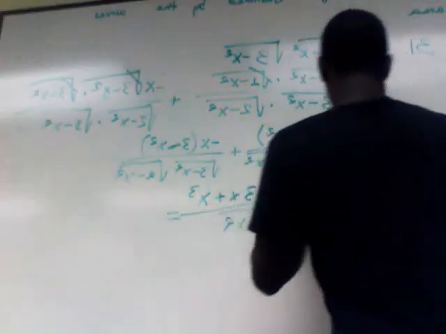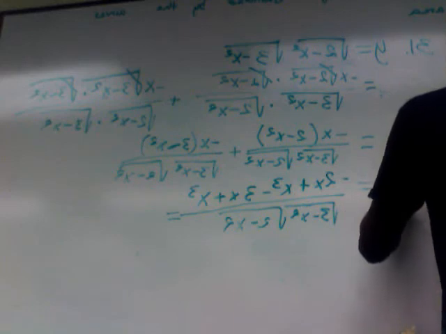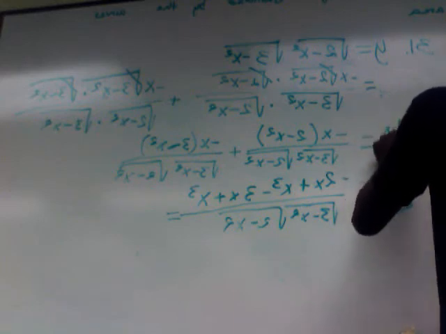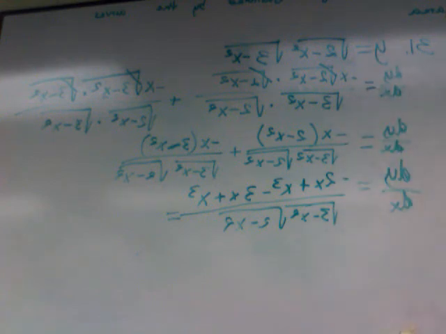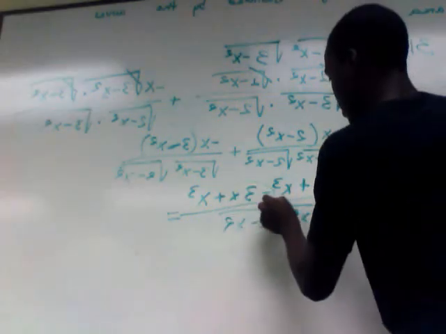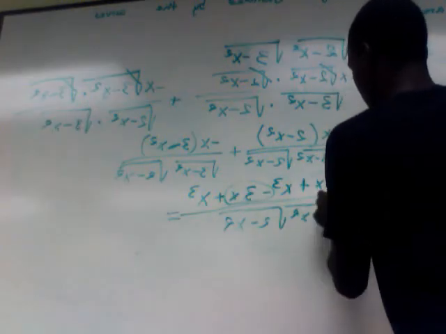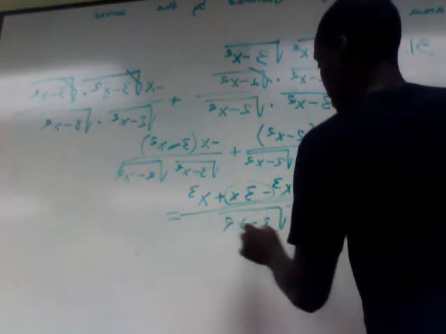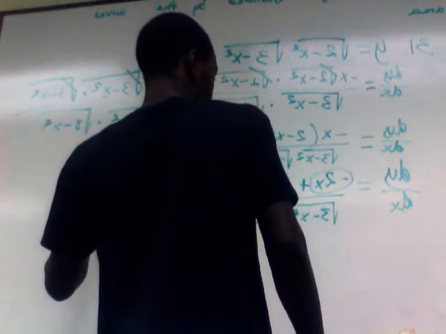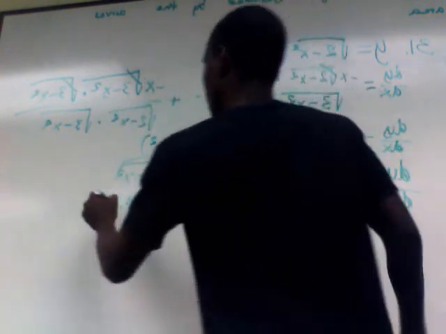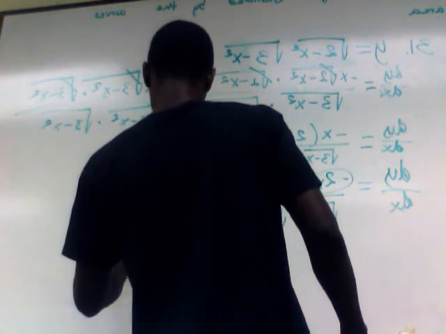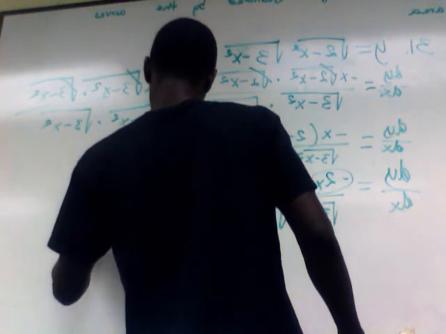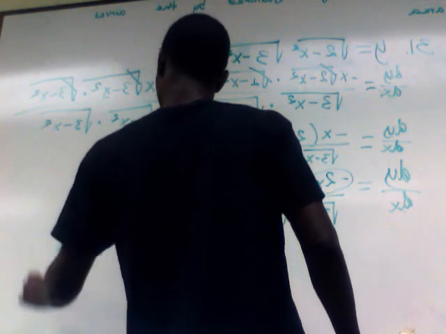So that's going to be equal to, and we don't forget the dy dx. So that's going to be equal to, you add like terms, negative 3x, negative 2x, and then you add x cubed and x cubed. So you end up with 2x cubed minus 5x over square root of 3 minus x squared square root of 2 minus x squared.